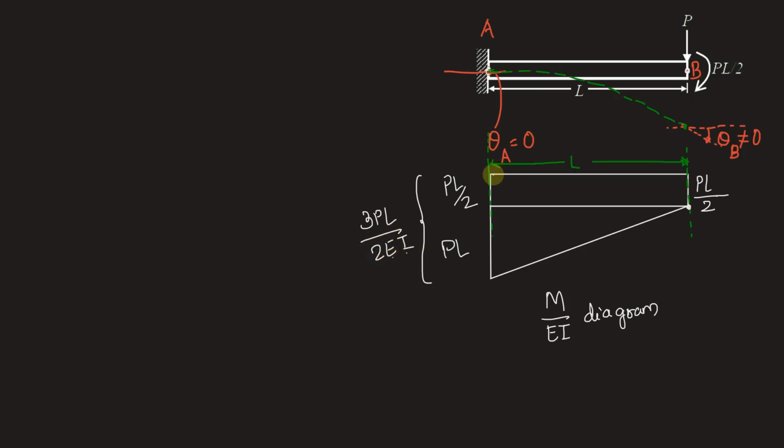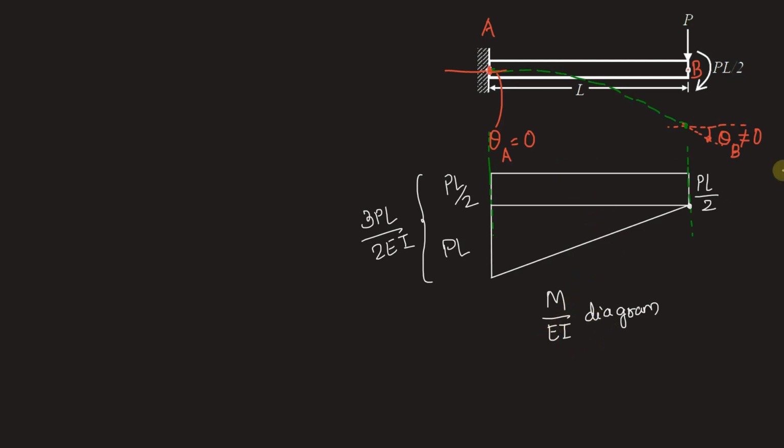So we assume that the M by EI diagram is drawn over the BMD only with the ordinates being changed. But these ordinates will of course be very small, and this diagram will be scaled for constructing the M by EI diagram, while this ordinate is PL by 2 EI. So this is the M by EI diagram.